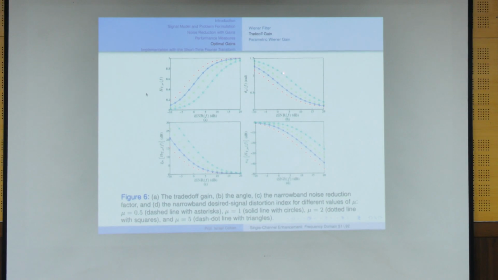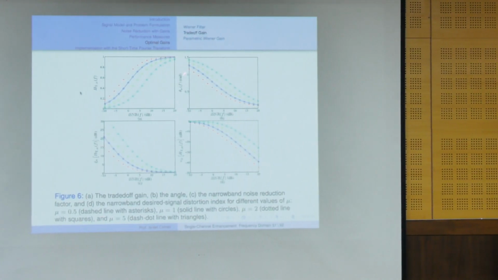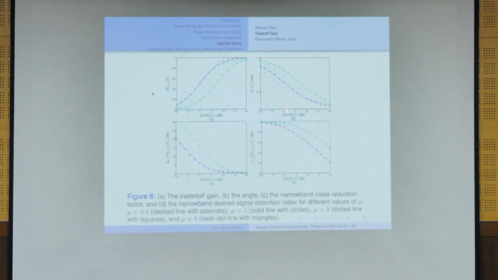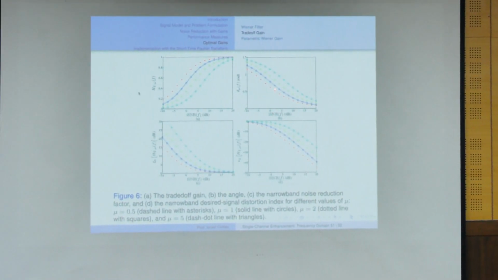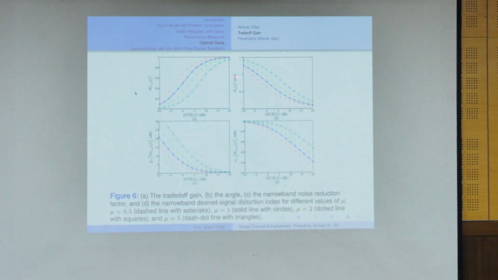So when mu increases, this part increases, so theta mu increases. If we plot theta mu as a function of the input SNR, for a given input SNR, when we increase mu, theta mu increases, just like this graphical representation.